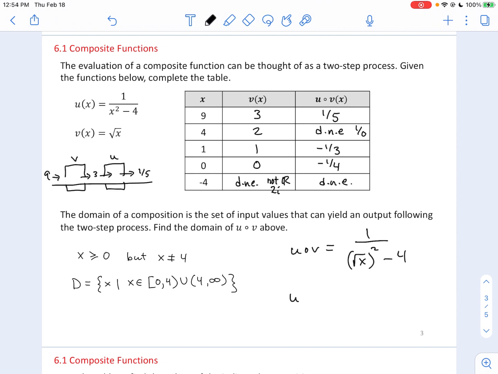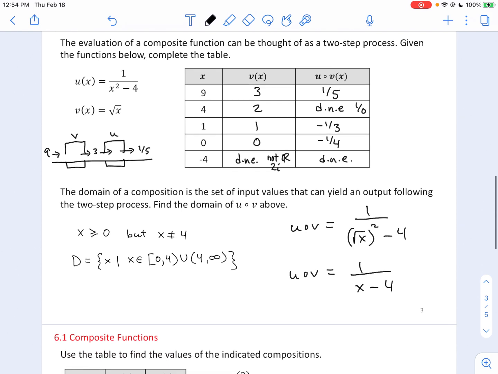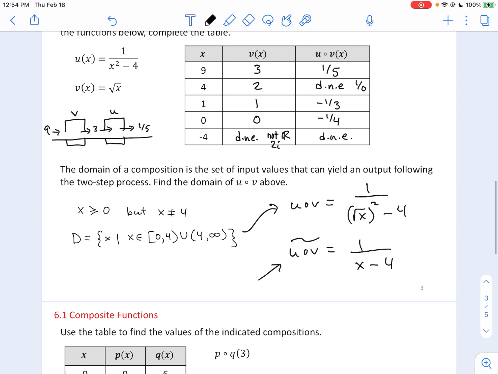But here's the temptation. If you simplify that radical x squared and just write x minus 4, then all of a sudden you're going to get a new domain. The domain that we got applies to the unsimplified version. The simplified version, maybe we should put a tilde on this because this is technically a new function, has a domain whose only restriction is x can't be 4. It can certainly be negative, because once you get rid of the square root by squaring and you just write a simple x, this x could be negative 5, not a problem.